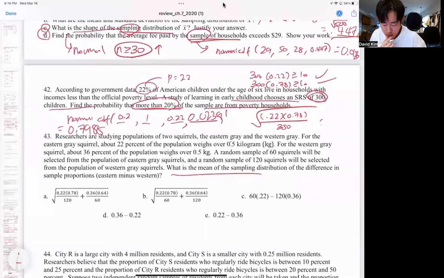A random sample of 60 squirrels will be selected from one population and a random sample of 120 from the other. What is the mean of the sampling distribution of the difference in the proportions, East minus West?